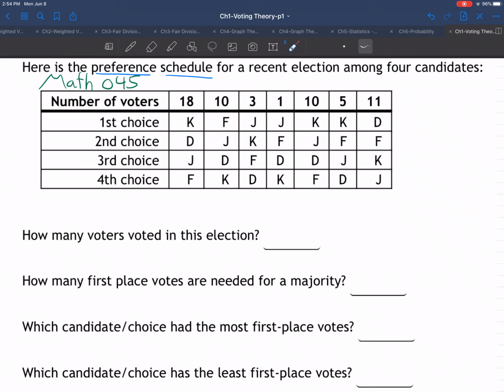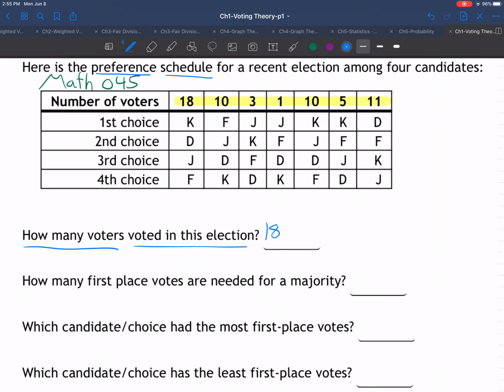So when they ask us the question, how many voters voted in this election, that's going to be simply a matter of adding up the 18, these numbers right up here, right?